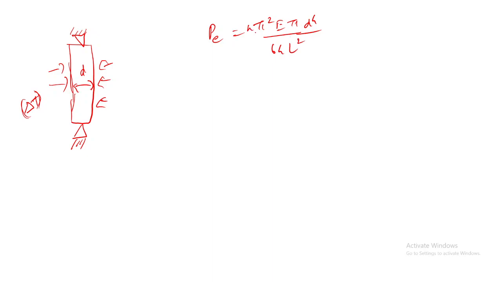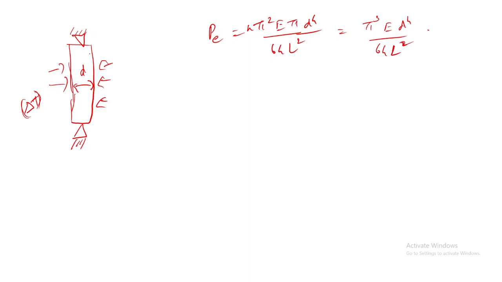And what is the value of n for both ends hinged? It is 1. So it will be pi cube E d power 4 divided by 64 L square. This is the critical buckling load.